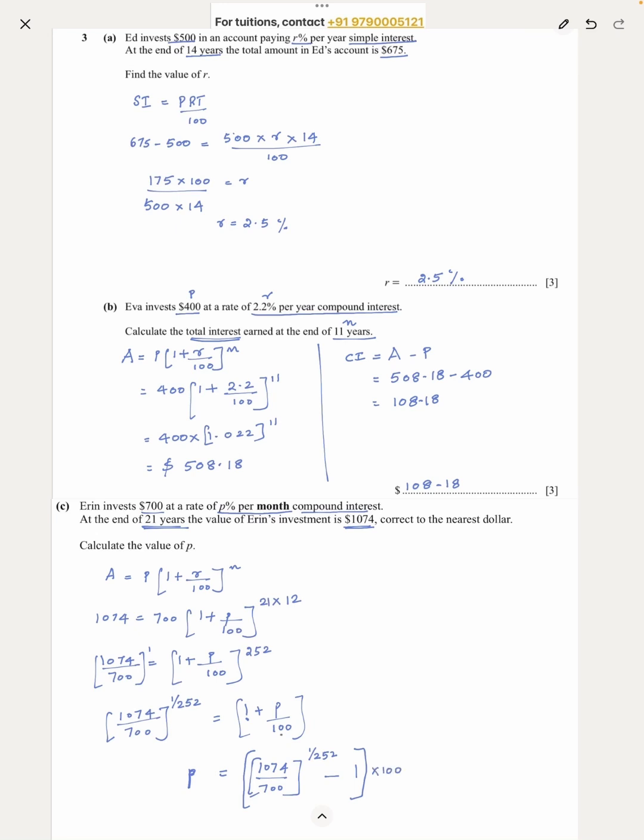So the denominator 100 of this p goes off on the right hand side. So p will be equal to, on multiplying, the final answer would be 0.17. So what is this? P is nothing but the interest. So the value of P is 0.17%.